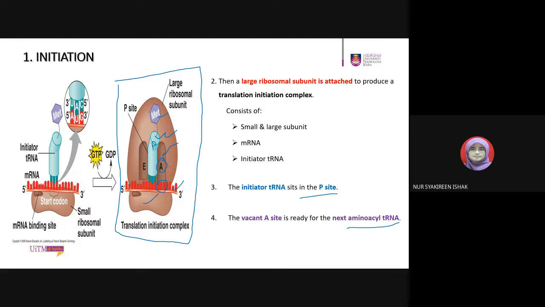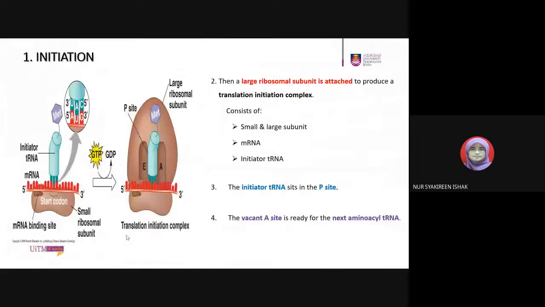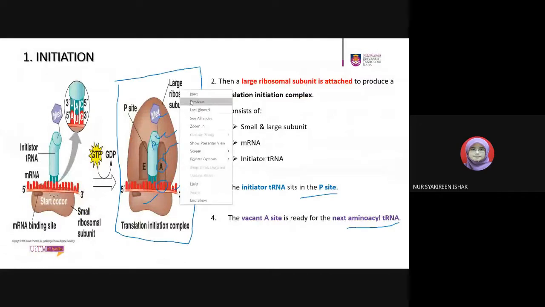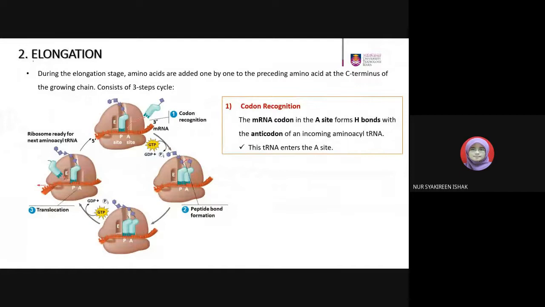The only difference is that the initiator tRNA will sit at the P site first. After you have formed the translation initiation complex, next you will proceed to the next stage, which is elongation.